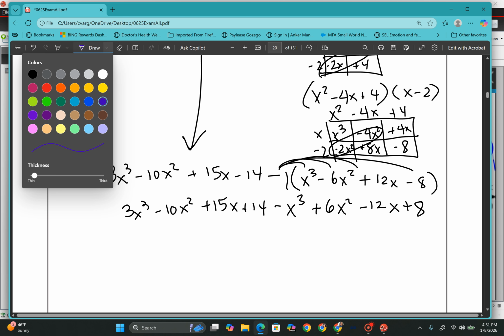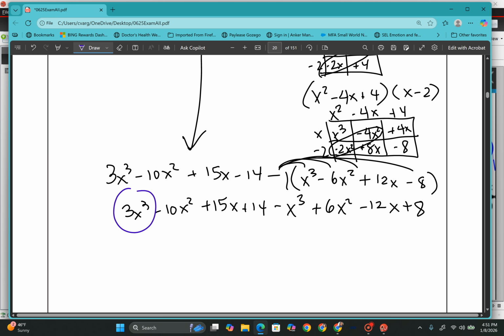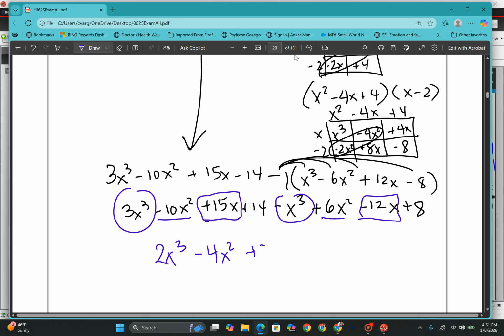All right, so 3x to the third and a negative x to the third is 2x to the third. And then we have negative 10x squared plus 6x squared. That's negative 4x squared. And then we have 15x and a negative 12x. So that gives us plus 3x.